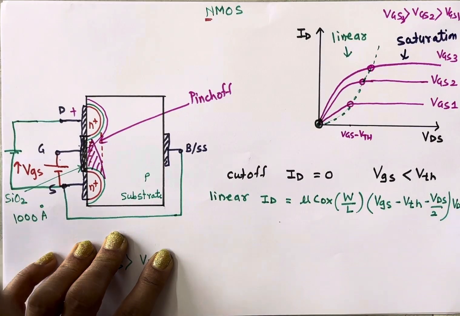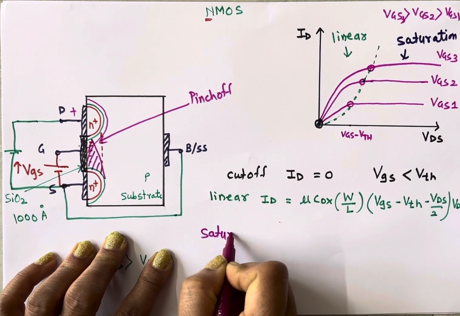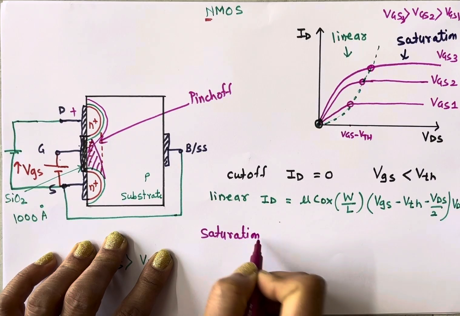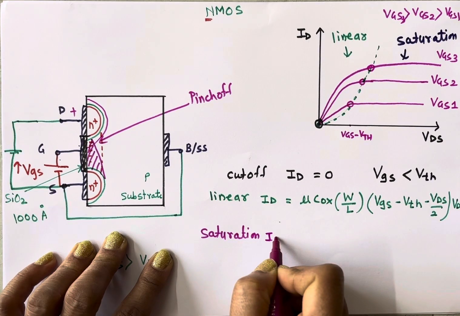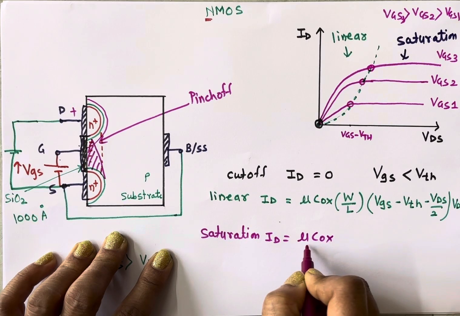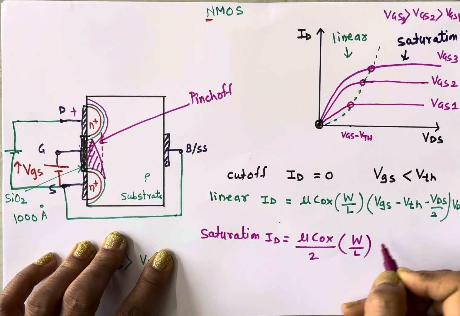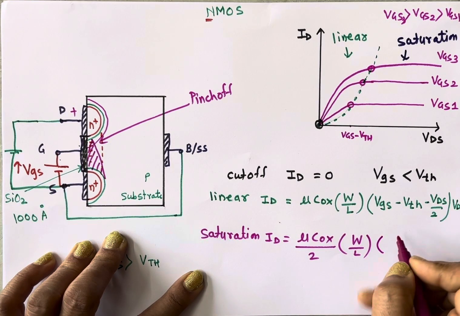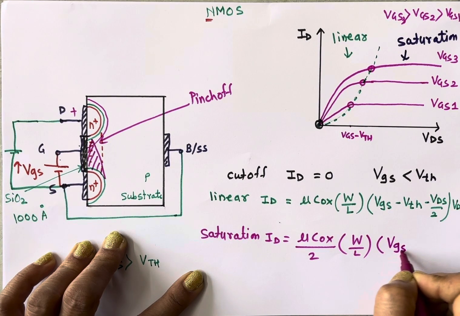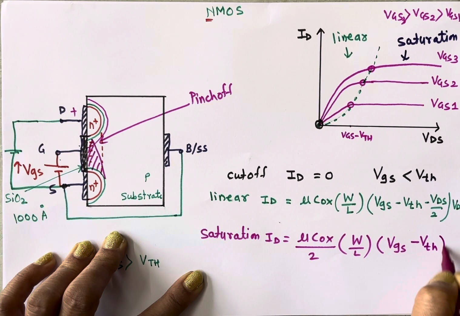Now you need to remember, in case of the saturation region, the current is almost constant. So ID is equal to mu COX divided by 2 times W by L, and now it is completely dependent on the voltage between gate and source only, times (VGS minus V threshold) whole squared.